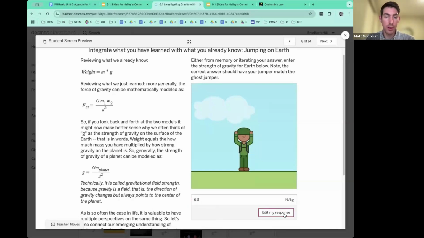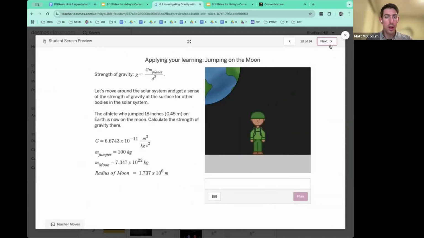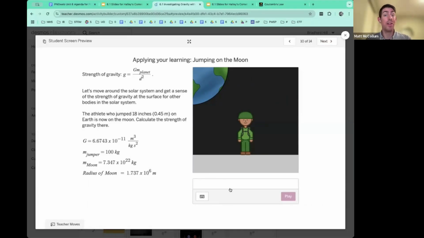So this is acceleration or the strength of gravity, and it will animate the jumper. And if you do that correctly, the ghost goes away, because the ghost is the correct jump, and the one that's solid follows the ghost if it's matched correctly. So they do that jumping on Earth, and then on the next one, they're jumping on the moon.